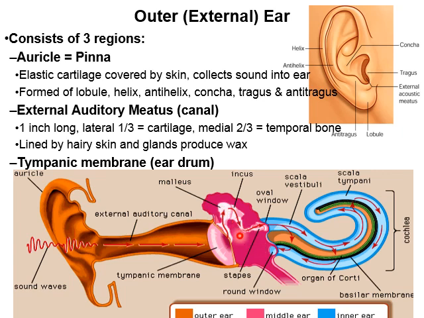The middle ear, as I said before, has 3 small bones, the malleus, the incus, and the stapes. The 3 bones transmit the sound vibrations that are made in the tympanic membrane to the oval window. This is the oval window that's closed by the stapes bone.